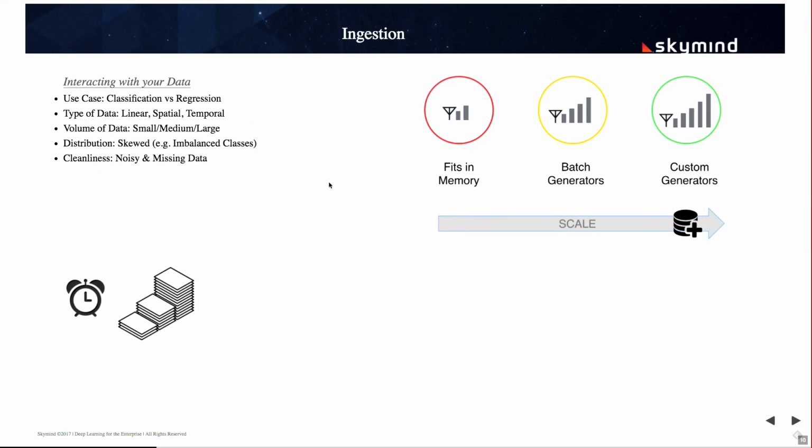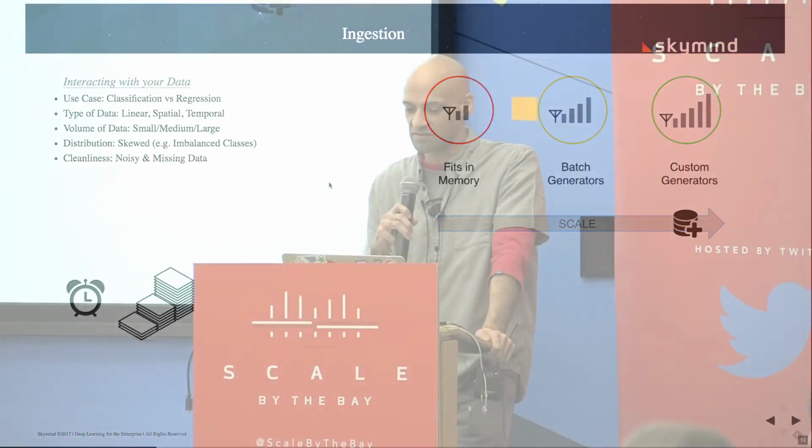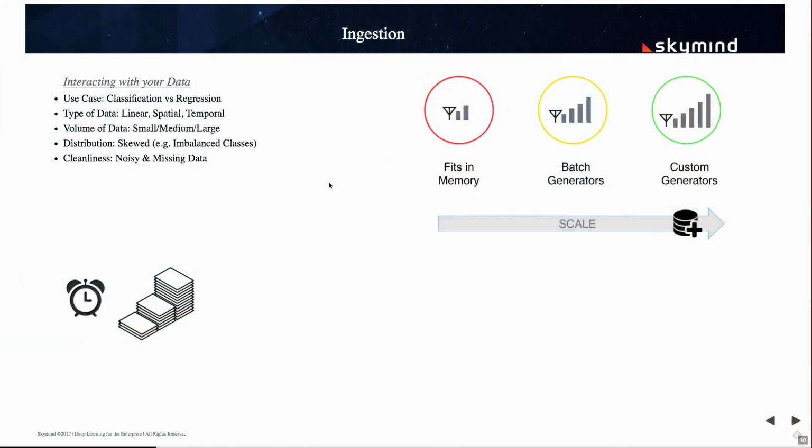So these are the different use cases we got coming in, different types of data. Your sample data that fits in memory. And then we got the next level, where you do your batch generators. So not going to fit in memory, but you can still batch it in. The next one is where you do a little bit more custom work, because we have these built-in ones, and those are fine when you just put everything on your file system, but if you want to move beyond that, you can do your own custom generators too.